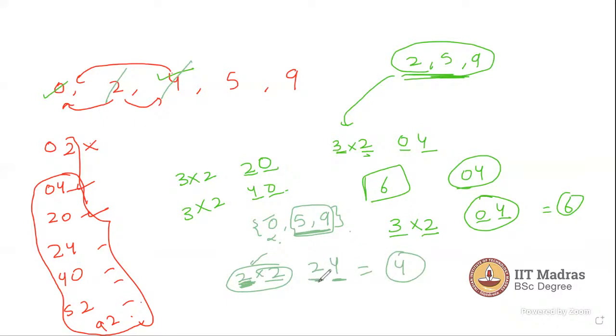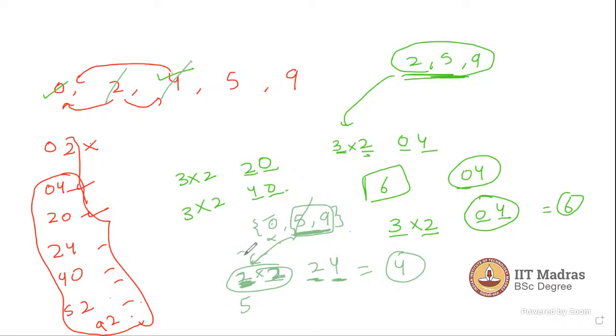And 0 can be used in between, no, sir? Yeah, I used it. Suppose I used 5 here. Then 5 is cancelled. For the next, I have again 2 options, 0 and 9.